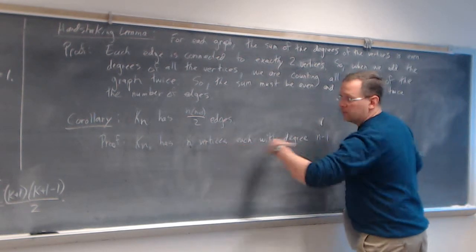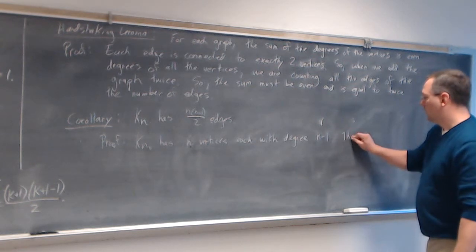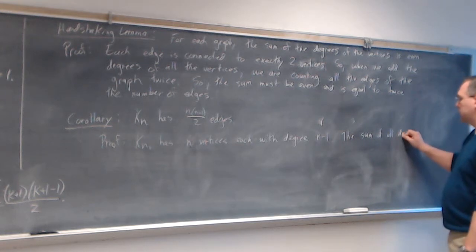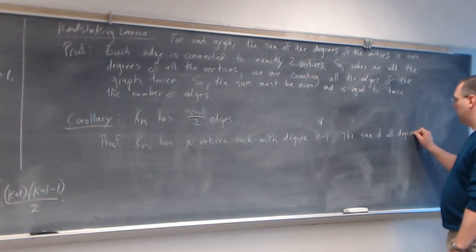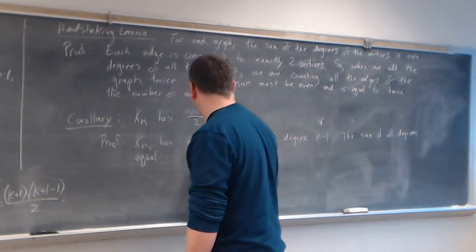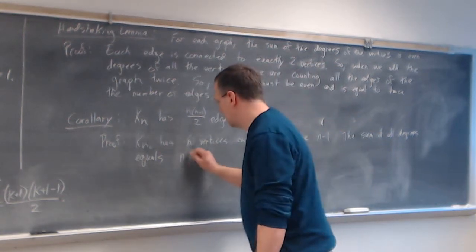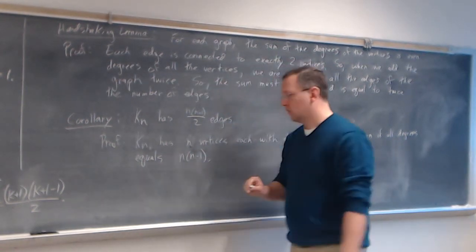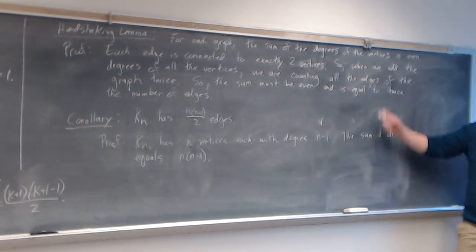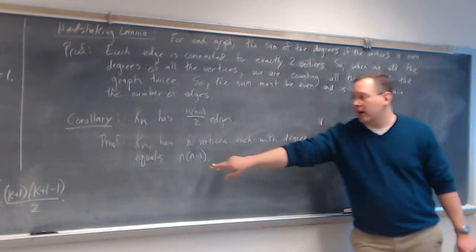Well, let's add up. Find the sum of all degrees, which equals n minus 1 times n. So basically I'm done, because what we just proved by the handshake lemma is that this has to equal twice the number of edges.